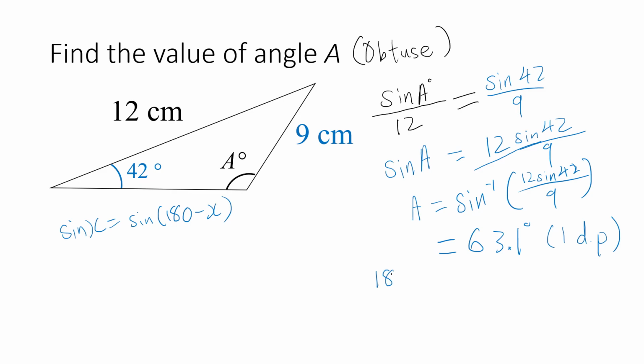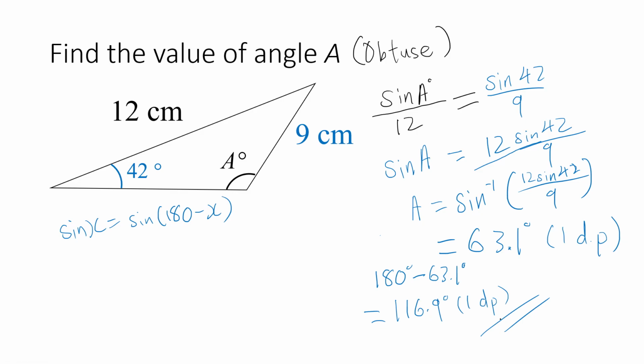We just take 180 degrees minus 63.1 degrees, and we will get our answer, 116.9 degrees, which will be 1 dp. And this will be our answer.